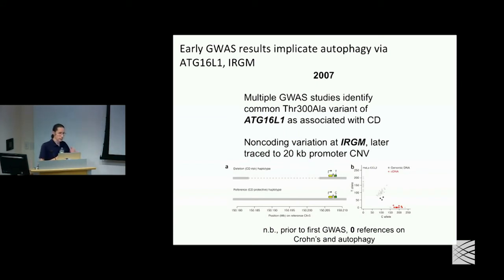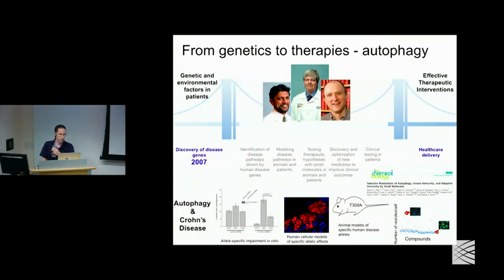And this was not something that people had been thinking about or studying, and you can convince yourself by doing a simple PubMed search of that fact. But it has been extremely fruitful over the last decade with Ramnik Xavier and his colleagues out at WashU, Skip Virgin and Pat Stappenbach, developing a tremendous set of experiments that it's really exciting to look retrospectively at through the literature, understanding the functional role of the specific coding variant in ATG16L1, for example, understanding what's going wrong and what's not going wrong with respect to the many different functions of ATG16L1, creating human cellular models and animal models that recapitulate the effect of this variant.